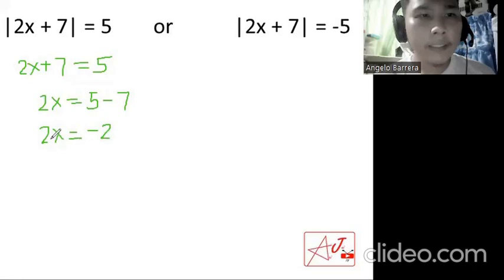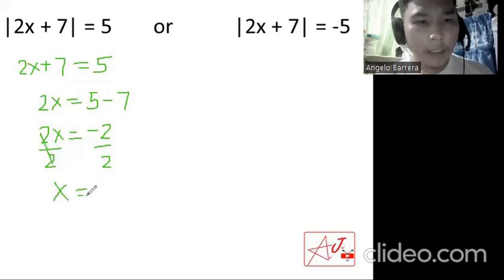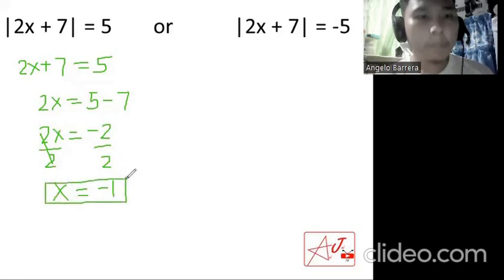But since meron tayong numerical coefficient dito, kailangan natin siyang cancelin. At para makancel natin yon, we need to divide both sides by positive 2. Ayan, divide natin sa positive 2, both sides. Okay. So, x will become negative 1. So, negative 2 divided by 2 is negative 1.